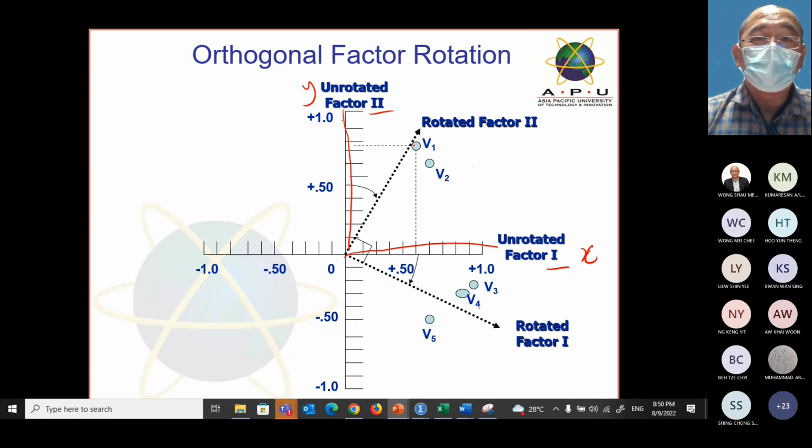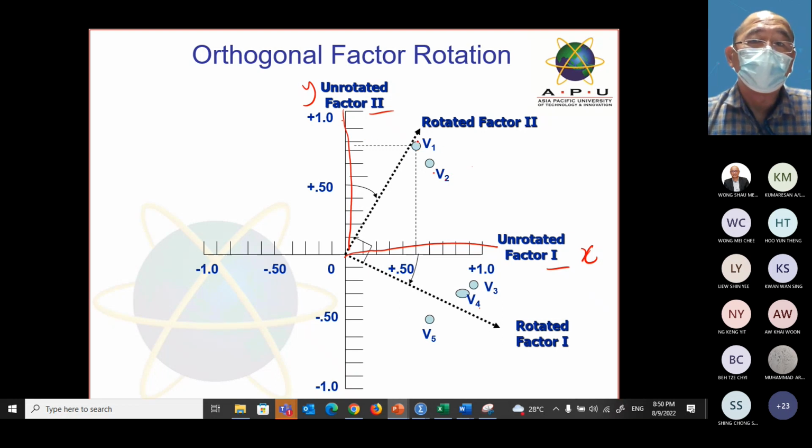Using the original data points and axes, it's not easy to do the grouping or find the relationship. It's not easy to see whether v1, v2 belong to 1 or 2, because they are almost in the middle.